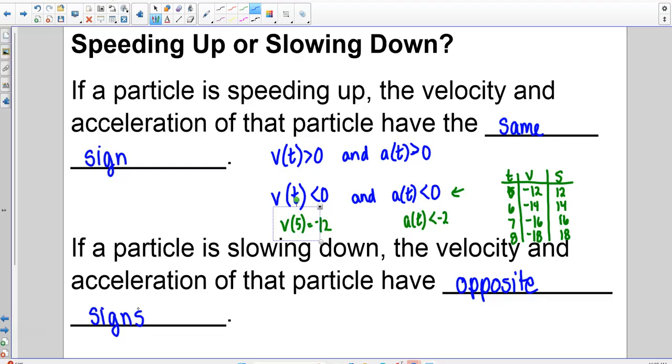If we switch that, if we have a positive velocity and a negative acceleration, we would still end up slowing down there. So this is a key to remember. They love to ask that question: is the particle speeding up or slowing down? Even though I've taught it, a lot of kids still answer it with acceleration. But you've got to do velocity and acceleration for that.